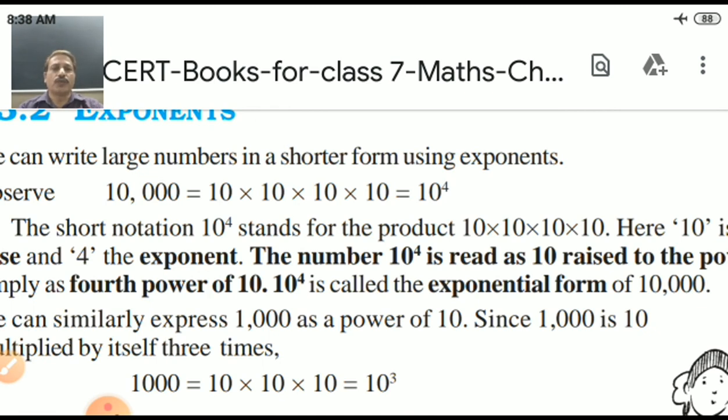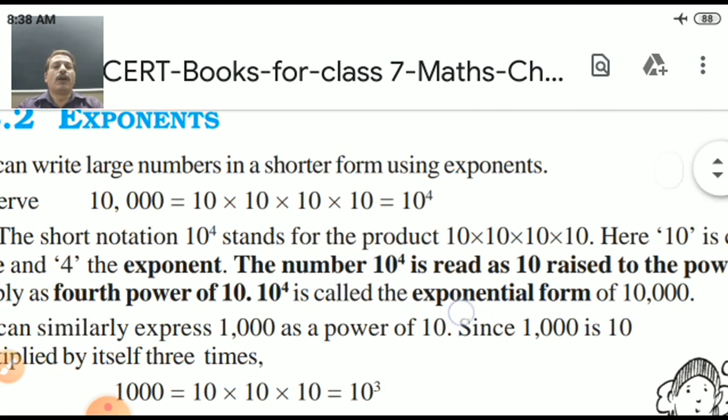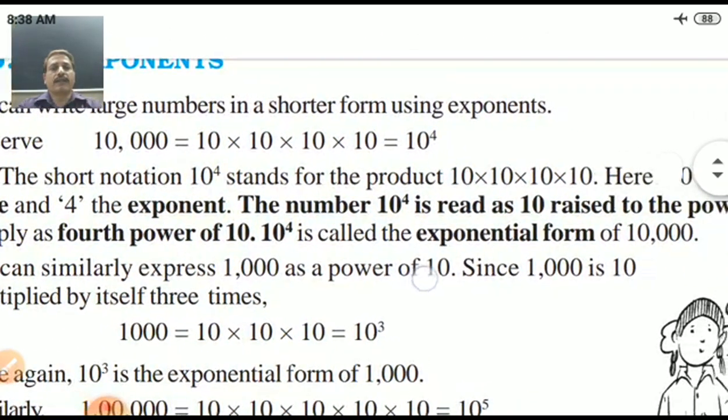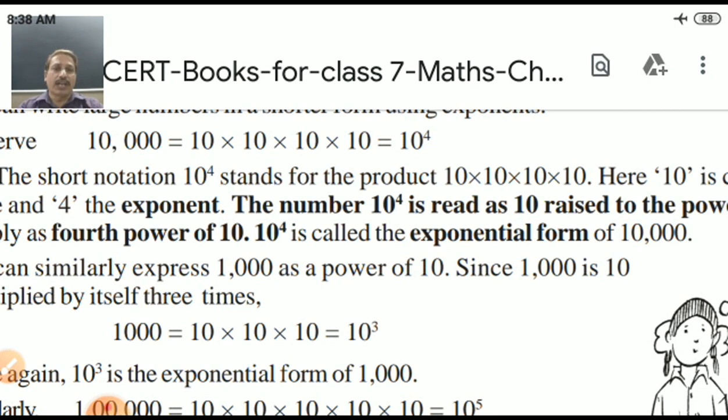Read the bold letters. The number 10 raised to 4 is read as 10 raised to the power of 4, or we can say 4th power of 10. Yes, it is called the exponential form.